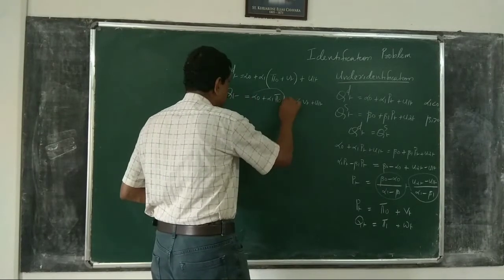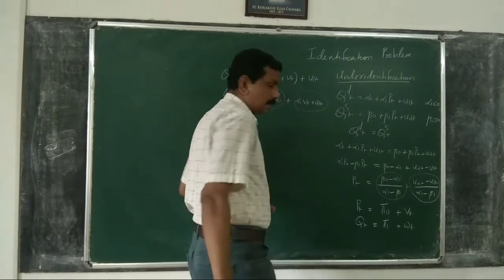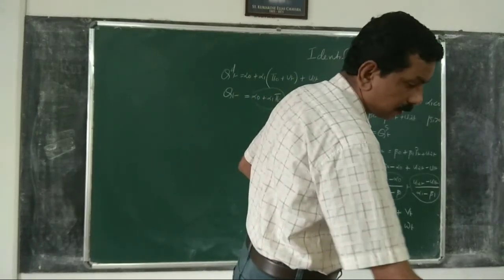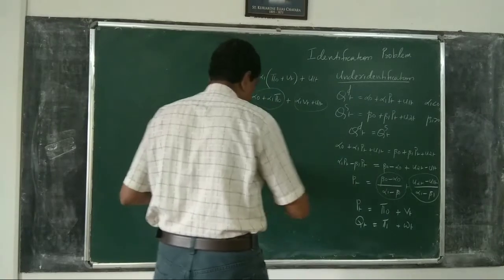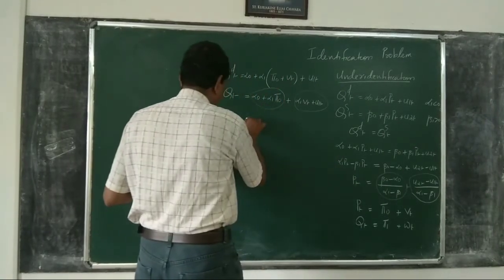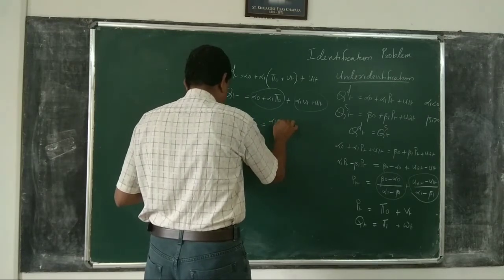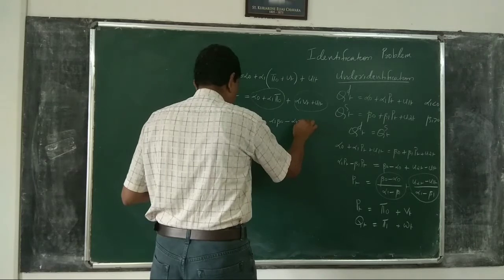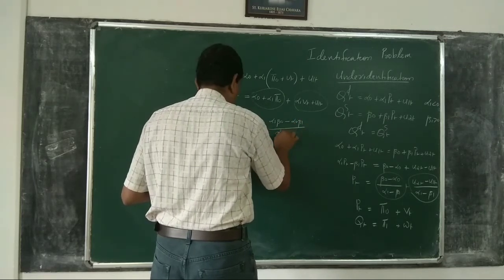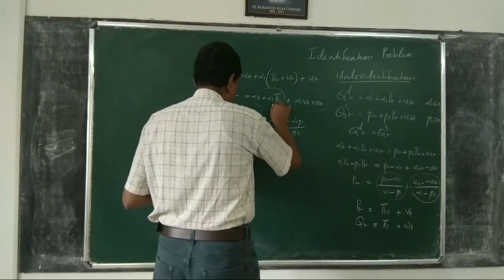This is pi 1 and this is Wt. For this simple example only, this pi 1 is equal to (alpha 1 beta 0 minus alpha 0 beta 1) divided by (alpha 1 minus beta 1). This is pi 1.